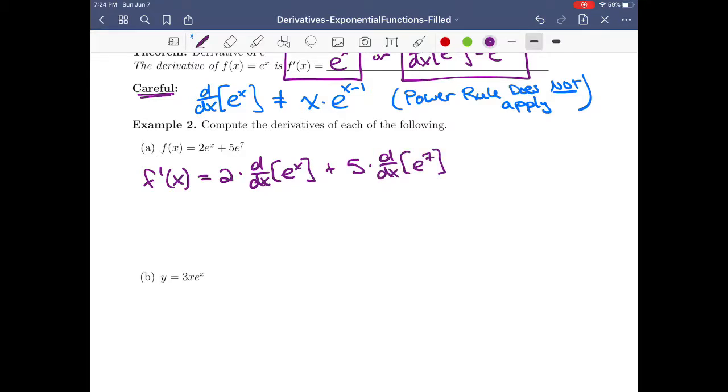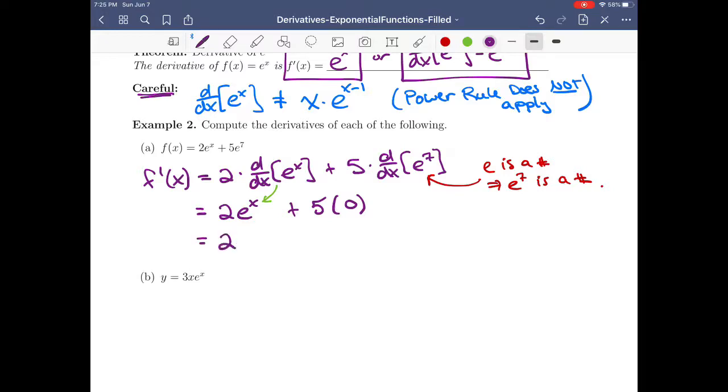We just saw the derivative of e to the x is e to the x. What's the derivative of e to the 7? Remember, e is a number, which means e to the 7 is also a number. This is a constant, so the derivative is 0. So this derivative is just 2 e to the x.